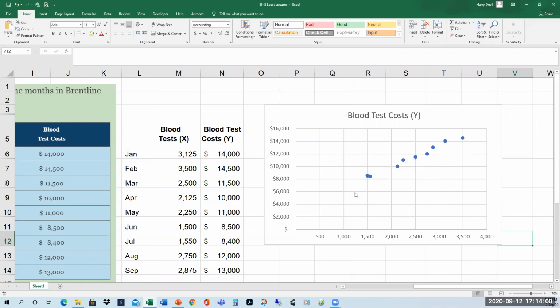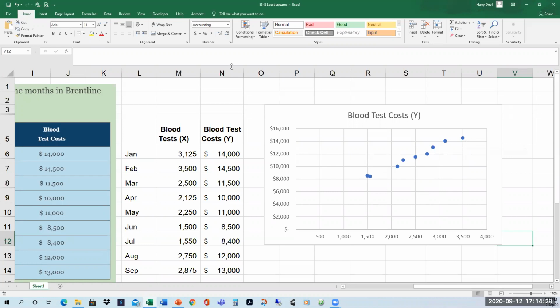Okay, so that, if you notice, it's not really a complete straight line. However, if you cut yourself a little bit of slack though, you notice that there does seem to be some kind of a direct relationship between the number of blood tests and the total blood test cost, to the point that we can make an assumption that the relationship is linear.